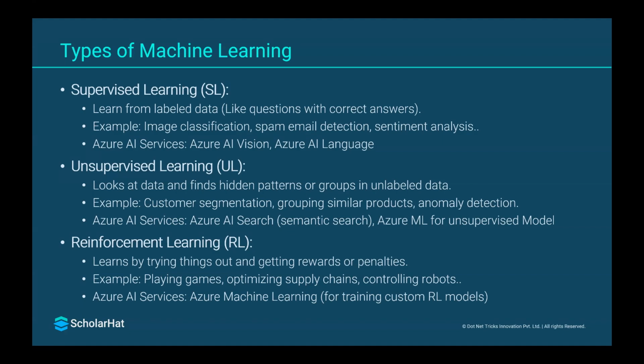The second type of machine learning is unsupervised learning, where we are not giving labeled data and not telling the model in advance what things are. Here we give the data, and within the data the model tries to find hidden patterns so it can group that unlabeled data.